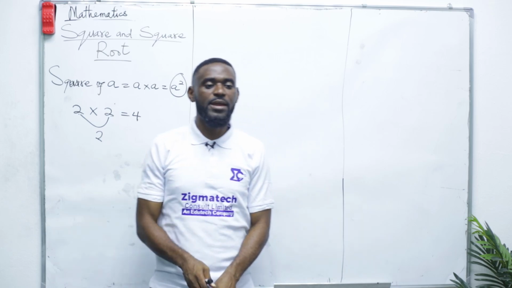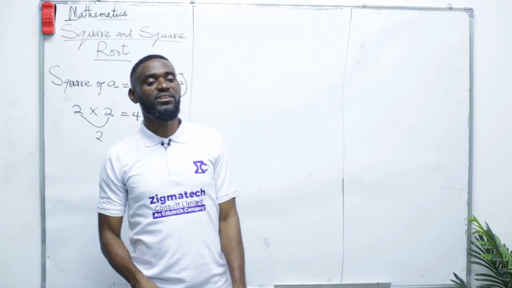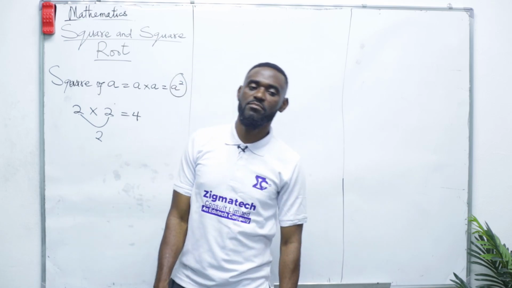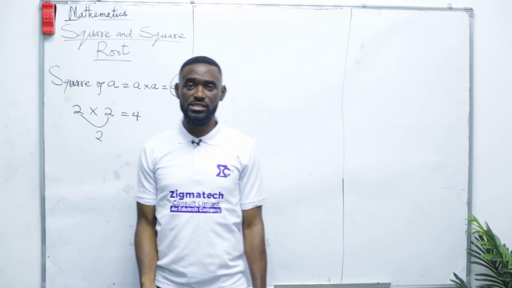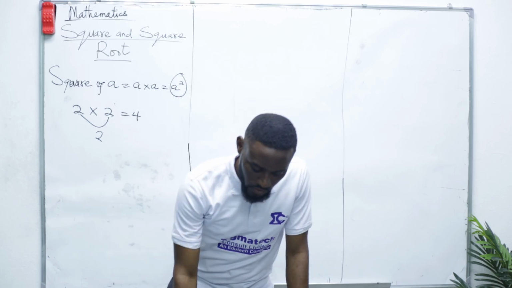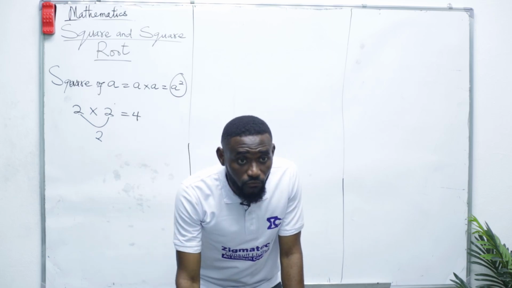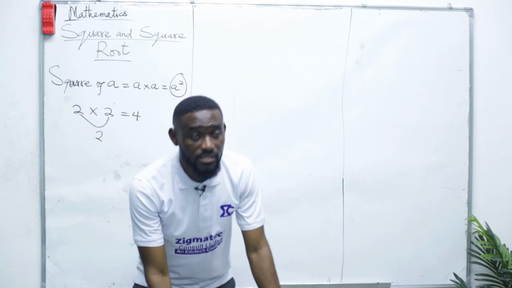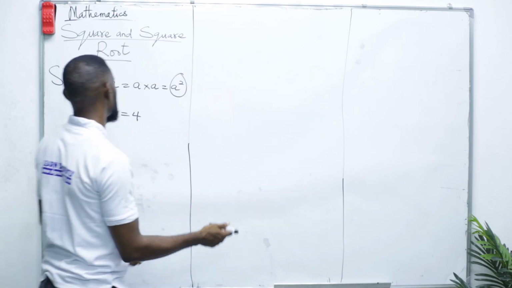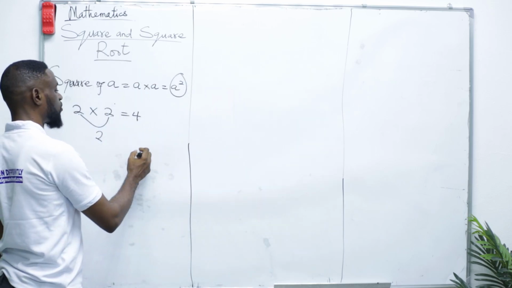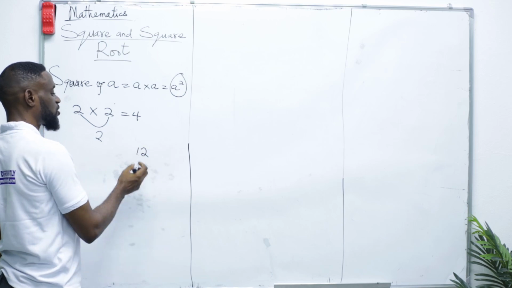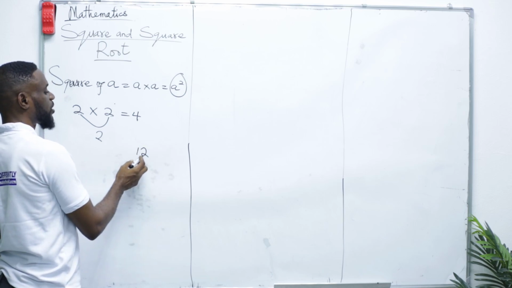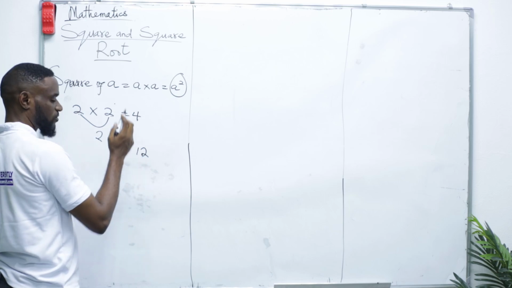Okay, so why imperfect square roots have fractions or decimal as their roots? Is that okay? All right, so for instance, if we say square root of 12, there is no two numbers that when you multiply them can give you 12.